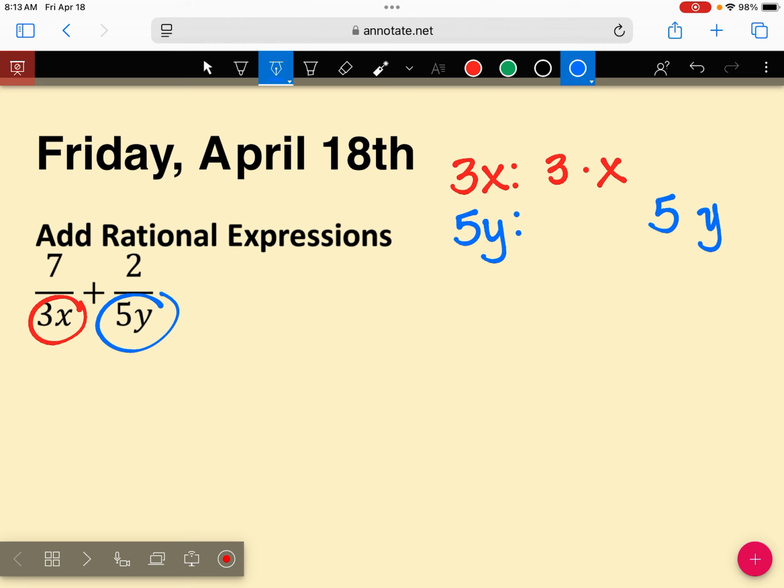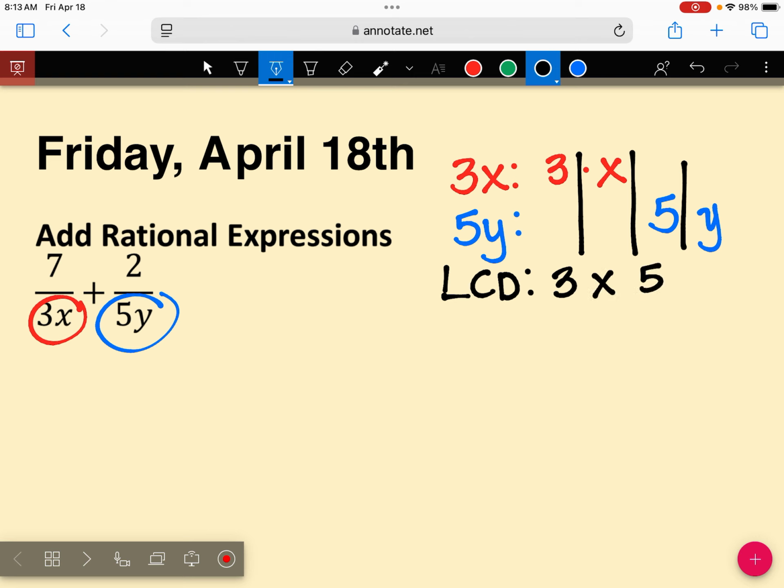So when we look at creating our LCD, we don't have anything in common between both of our denominators. Each one of these is standing alone. So when I create my LCD, every single term has to be included. So I have to have a 3, an x, a 5, and a y. So let's go ahead and multiply that together.